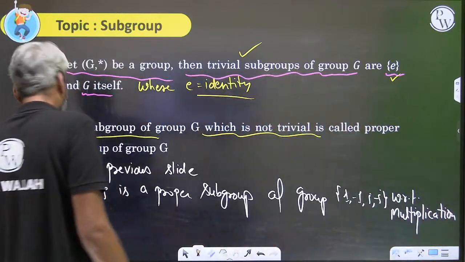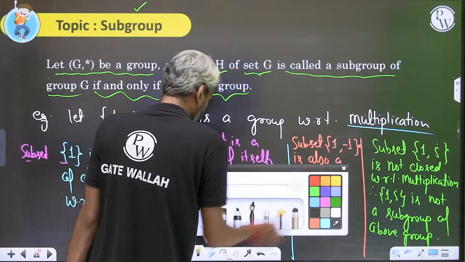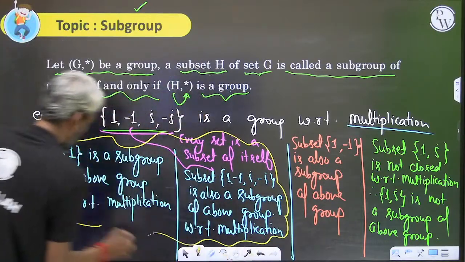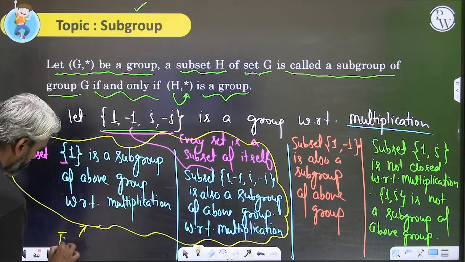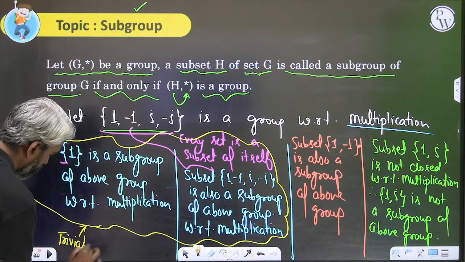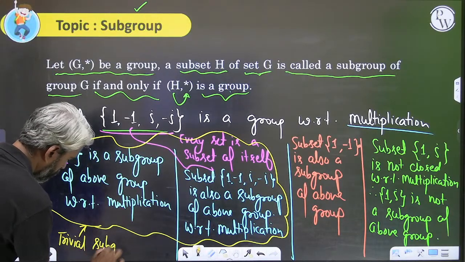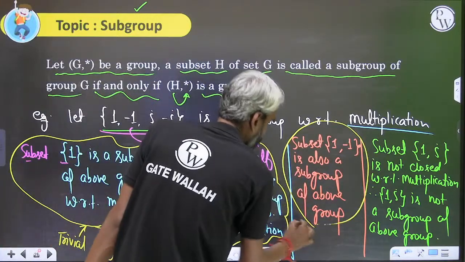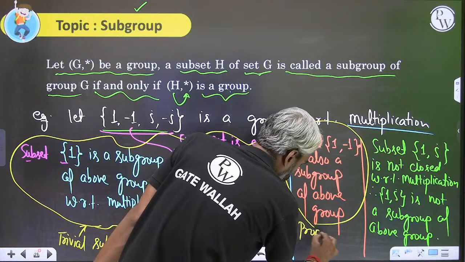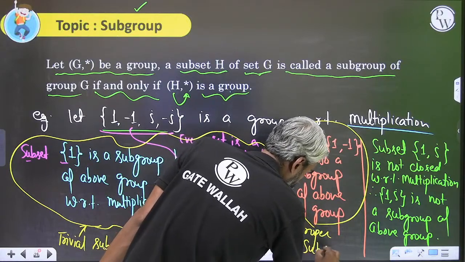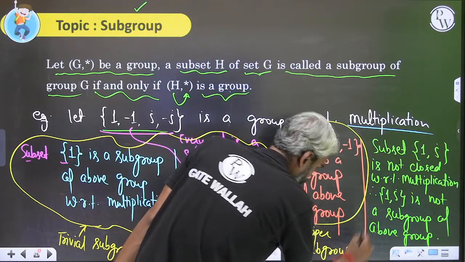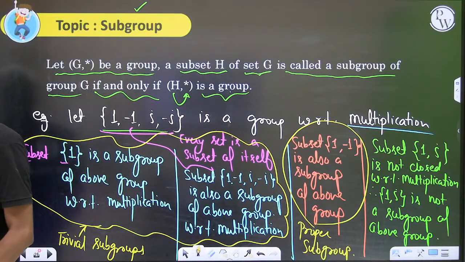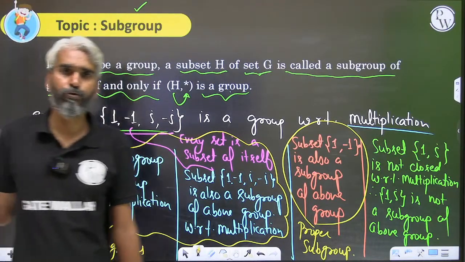Obviously, and these two are the trivial subgroup and the proper subgroup. Clear? So these are some important things related to the concept of a subgroup.